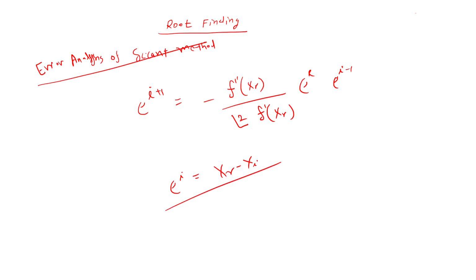So in this case, error will propagate in this way, that error will be of order of multiplication of errors of previous two iterations. So that is what error analysis of second method says, that the error in the current iteration will be of order of the multiplication of errors of previous two iterations. So that is the error analysis.